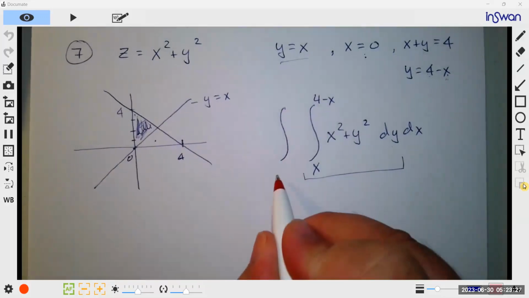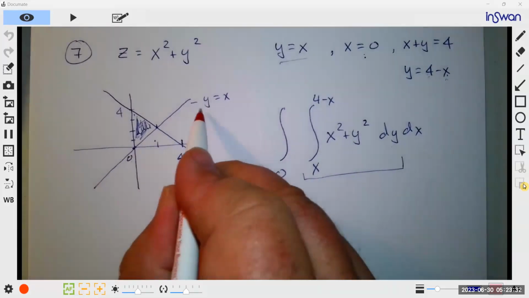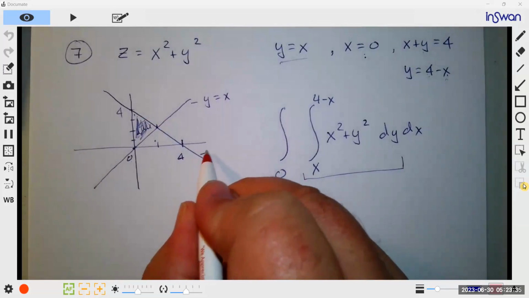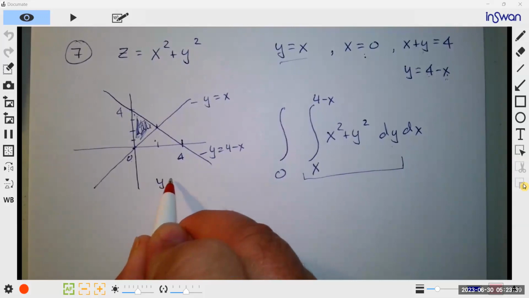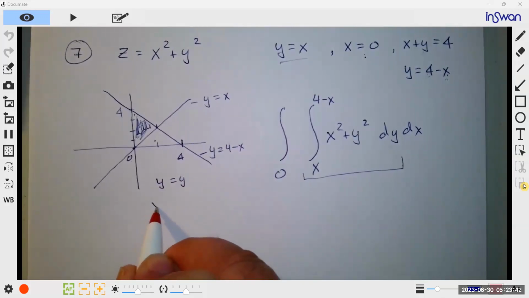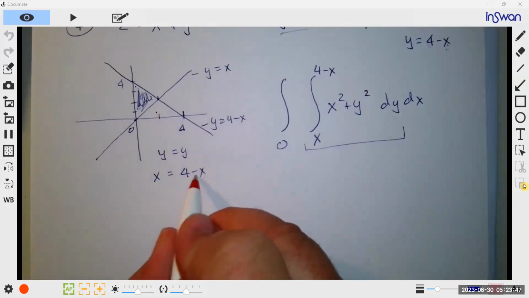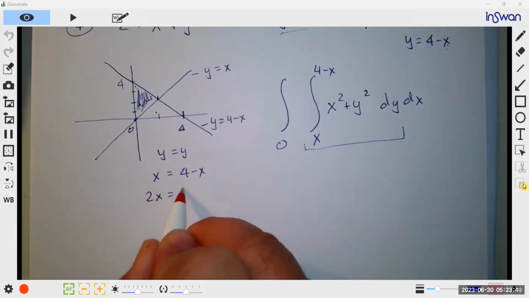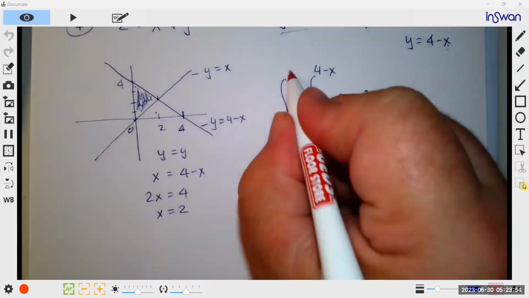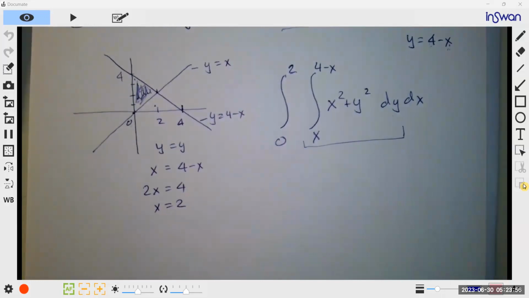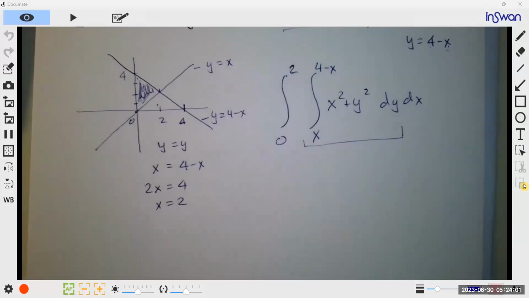How about the x? We know it starts at 0, and it stops where these two lines meet. So we set them equal to each other. So x equals 4 minus x. Add x to both sides. So x equals 2.